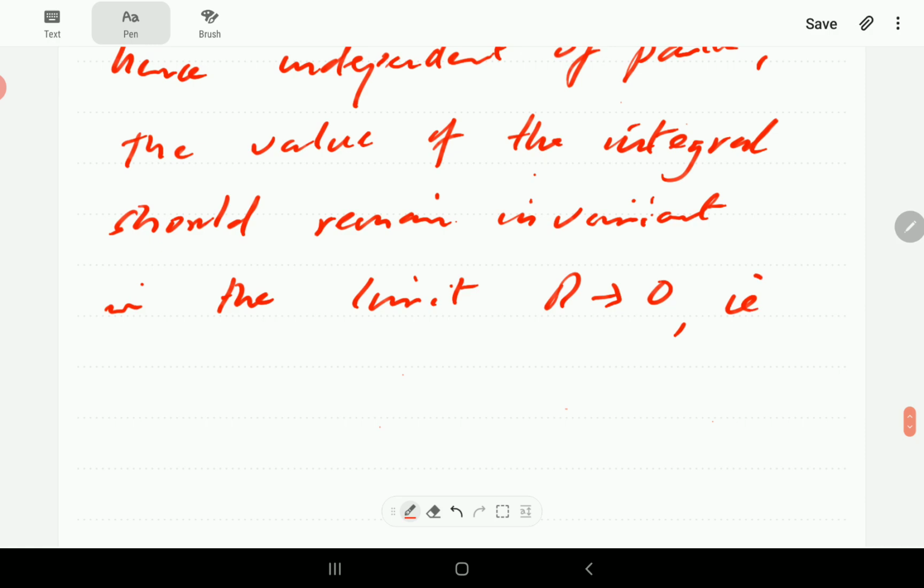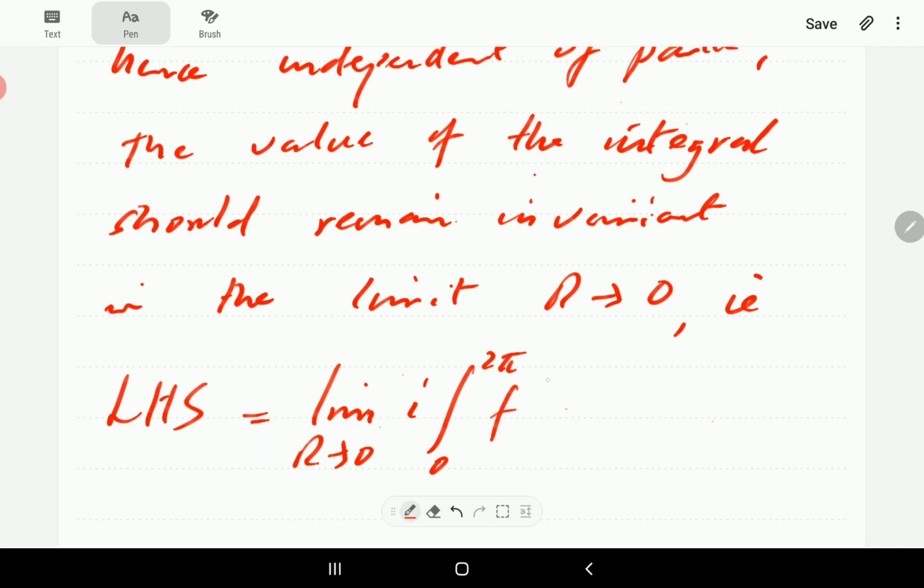So that left hand side should be the same as this integral in the limit r goes to 0, f of z0 plus r e to the i theta d theta.